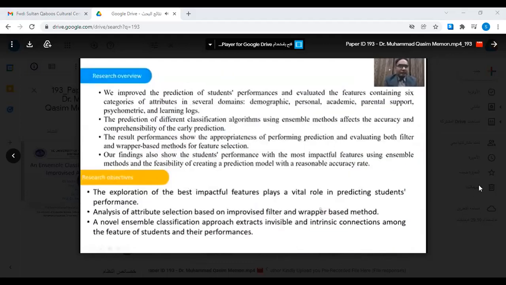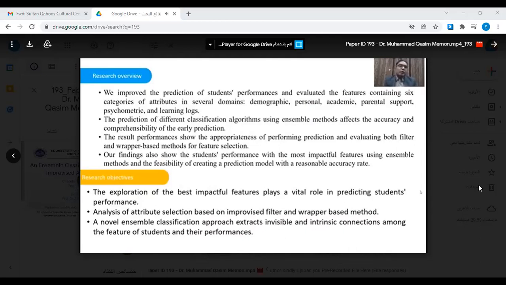The next slide is about the research overview and objectives. First of all, I want to give a glimpse of the overview of this research. In this paper, we improved the prediction of student performance and evaluated the features that contain 6 categories of attributes in several domains: demographic, personal, academic, parental support, psychometric, and mathematics. The prediction in data mining usually involves different classification methods, with accuracy and comprehensibility for early prediction.